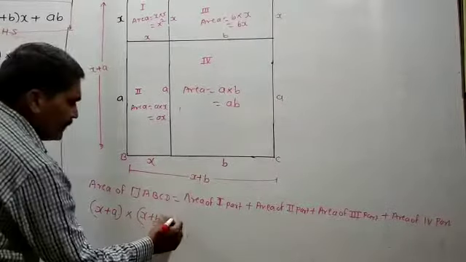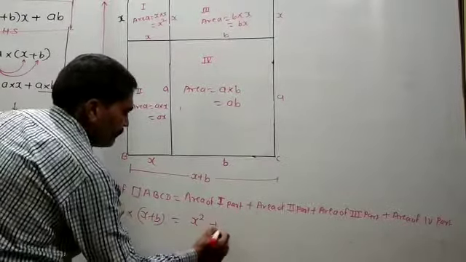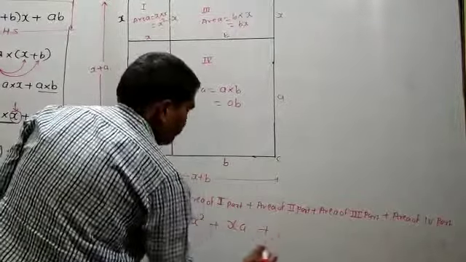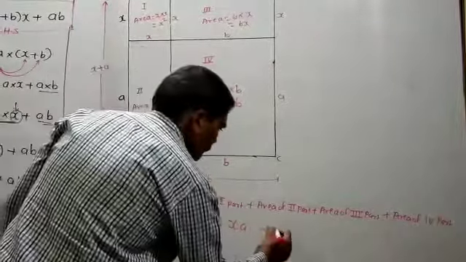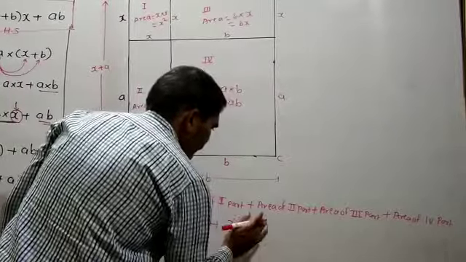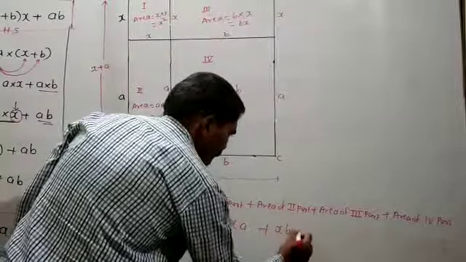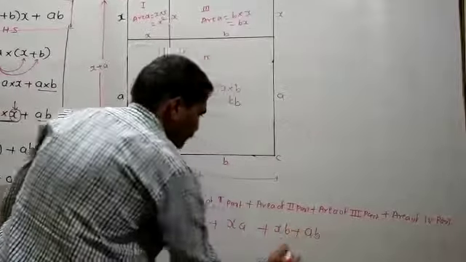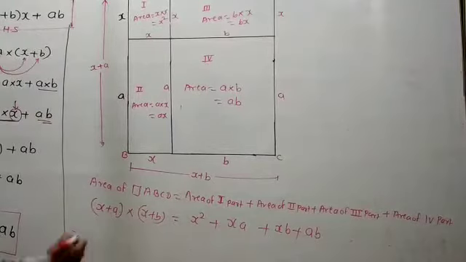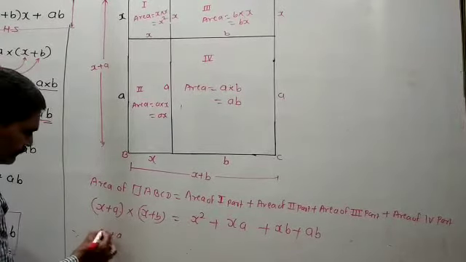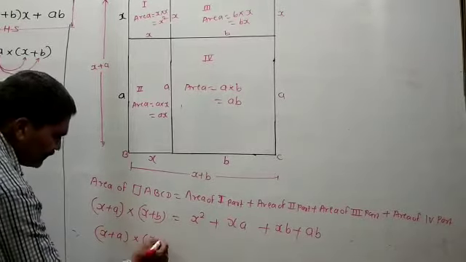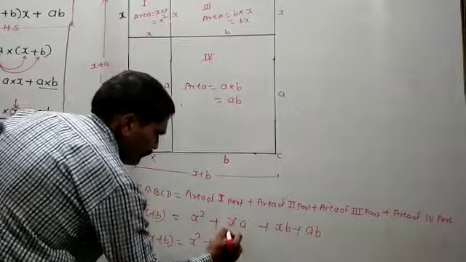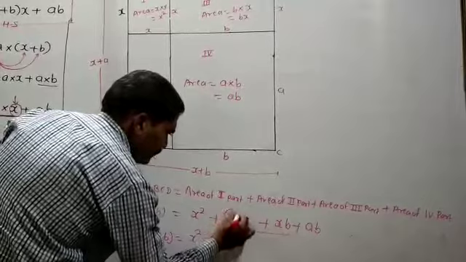Then the area of the first part is x square, plus the area of the second part is xa, plus the area of the third part is xb, plus the area of the fourth part is ab. You have to put the values. Then x plus a into x plus b is equal to x square plus, these are like terms, you take x common.